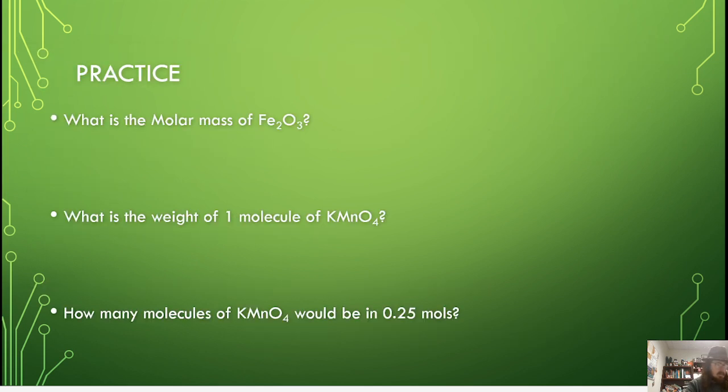Now, here's some practice. Finding the molar mass of Fe2O3, KMnO4, and turning 0.25 moles of KMnO4 to molecules. Okay, let's look at these. To do this, we need a periodic table.